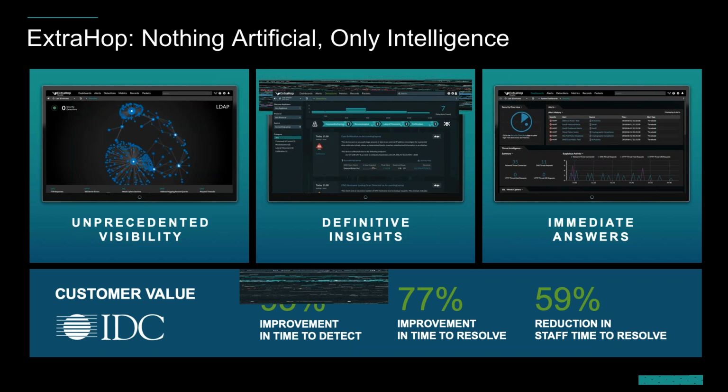You know, why is that happening? Should I be concerned? What can I do about it? And this leads to an improvement in the time to detect, an improvement in the time to resolve, and a general reduction in the staff time required to actually understand what's happening on your network, understand the baseline of how your network behaves.